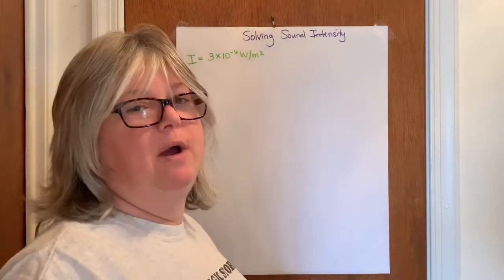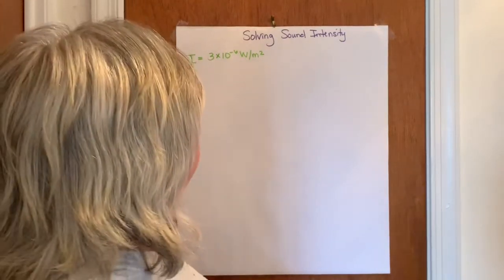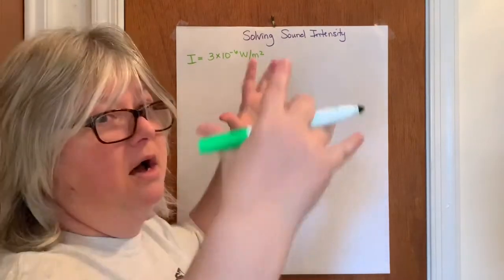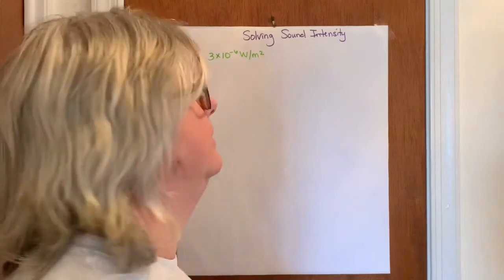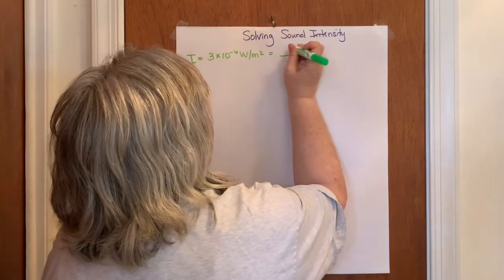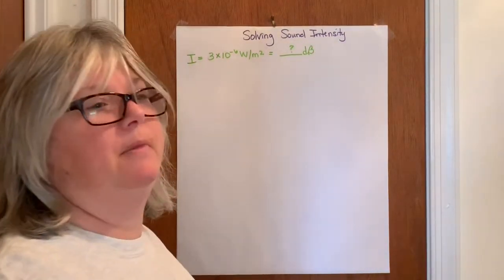Watts per meter squared is the unit of intensity. It's basically telling us the power going through an area. So we want to figure out how many decibels that is.